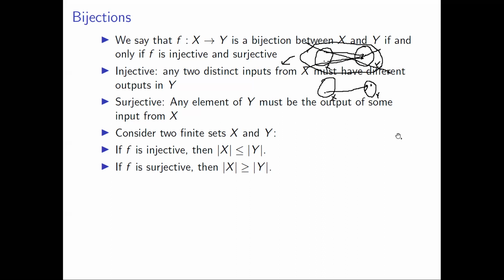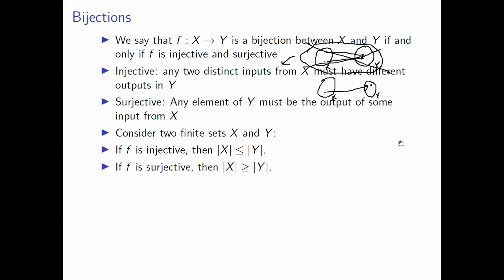And so we can see for finite sets, if we have a function that's both injective and surjective, then the cardinality of x is at most the cardinality of y, and the cardinality of x is at least the cardinality of y. And the cardinality of x is a natural number. The cardinality of y is a natural number.